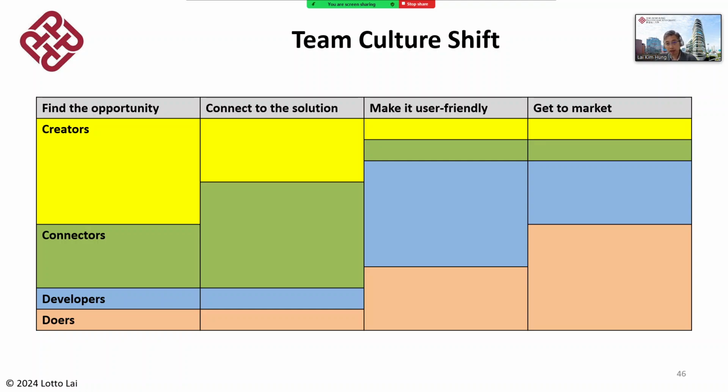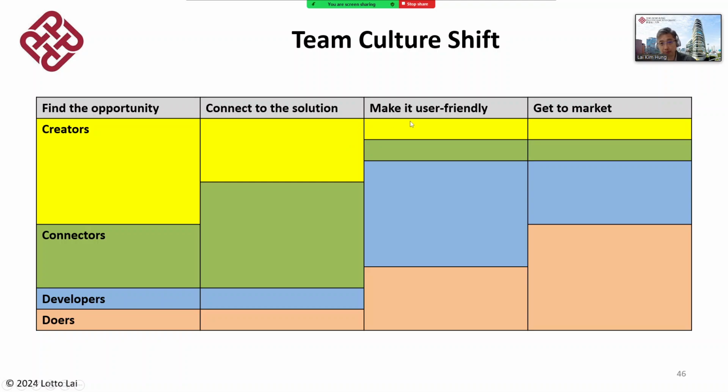So the team culture will serve different persons in different roles. In finding the opportunity, the creator is dominant, and then the corrector. In selecting the solution, the corrector is dominant, and then the creator. So at these first two stages, the developer and doer have less role.